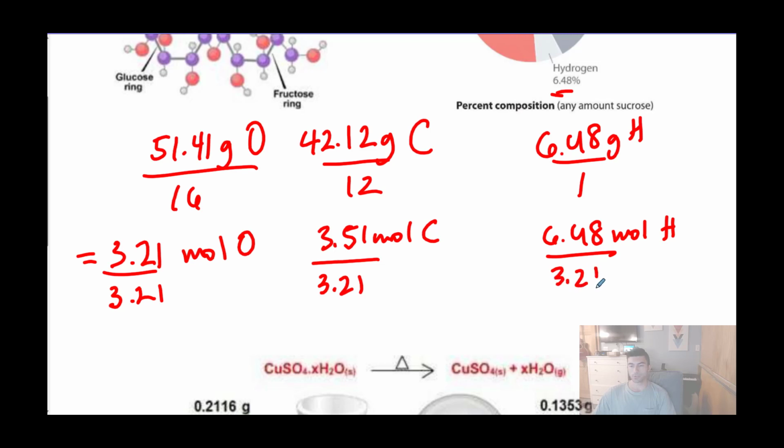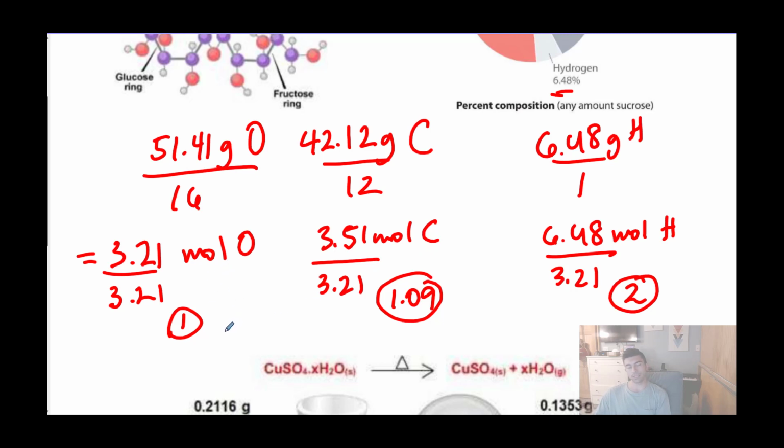And when we do that, we're going to get 1 here. We get 1.09 here, and we get about 2 here. Now, that 1.09 is weird. It's really not enough for us to round down to 1. It's not close enough for that.